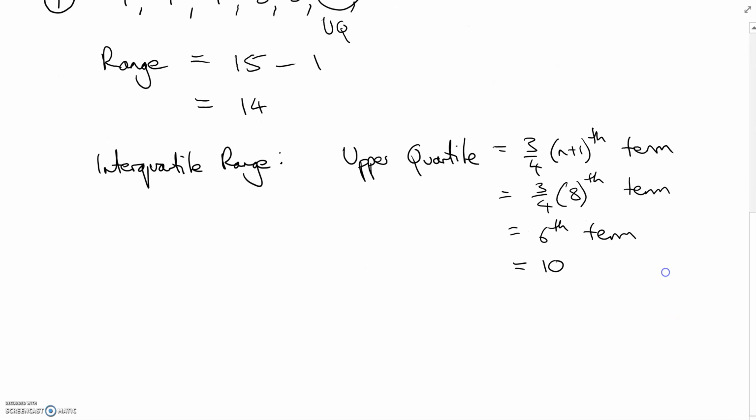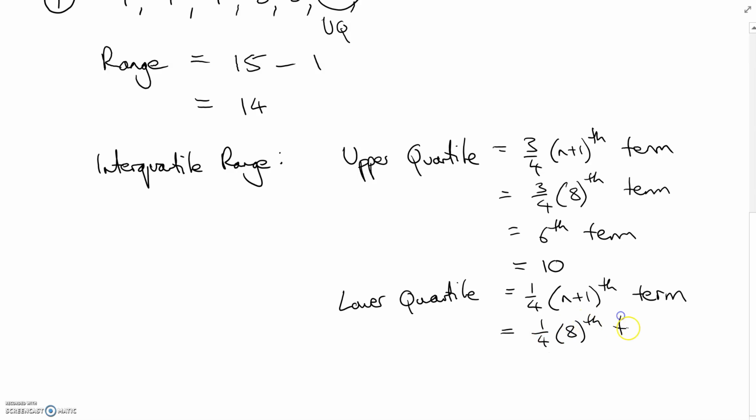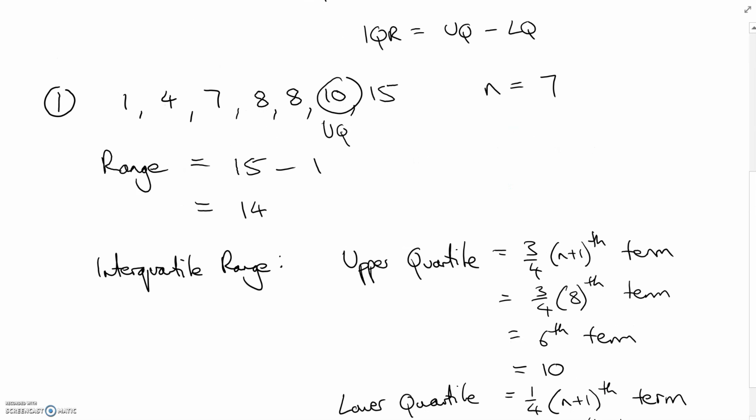And similarly, the lower quartile is a quarter of the way in, or the quarter (n plus 1)th term. So we want a quarter of the 8th term, which actually ends up being the 2nd term in our list. So we just start from the left, 1, 2, so the 4, that is the lower quartile.